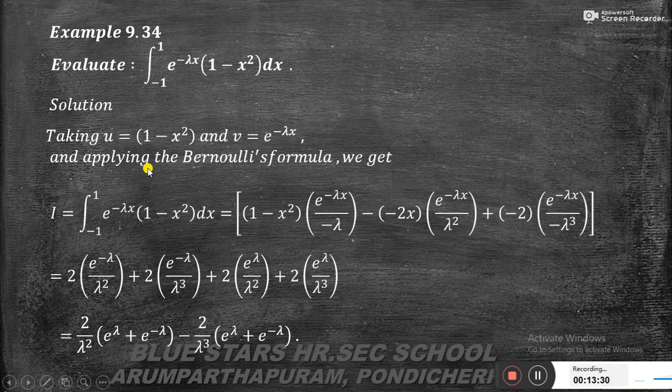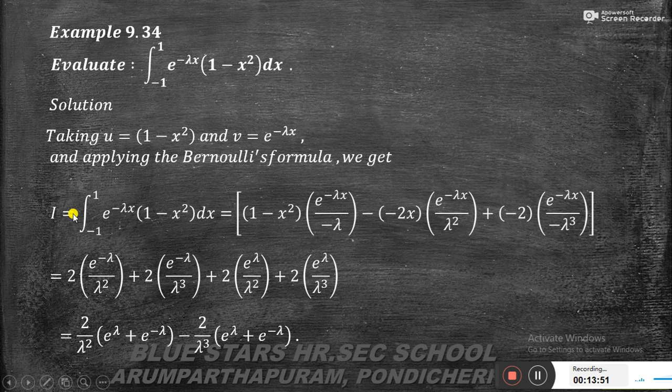So applying the Bernoulli formula, we know that the integral of u dv equals uv minus u dash v1 plus u double dash v2 minus u triple dash v3 plus u fourth dash v4, and it goes on.